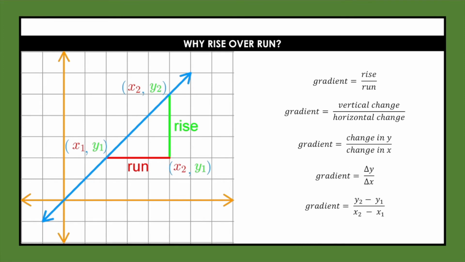Now, if we are thinking about our graphs, we'll know that vertical change refers to our vertical axis, which is our y-axis, and horizontal change refers to our x-axis. So vertical change is essentially change in y, and horizontal change is essentially change in x.